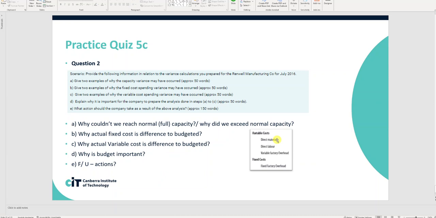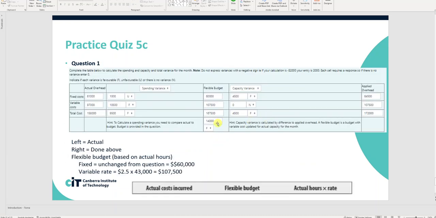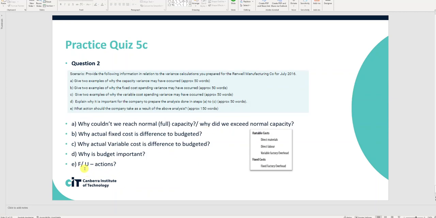There are a lot of different actions you can take, but may I remind you that if, in your exam, your variable variance is unfavorable, then you need to provide actions to adjust the unfavorable result. That is, your cost is actually higher than you expected. So how will that affect your investment decision? How will that affect your market decision?